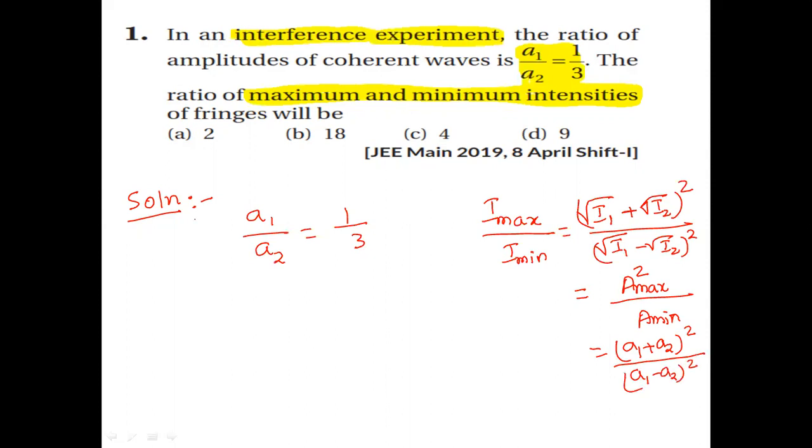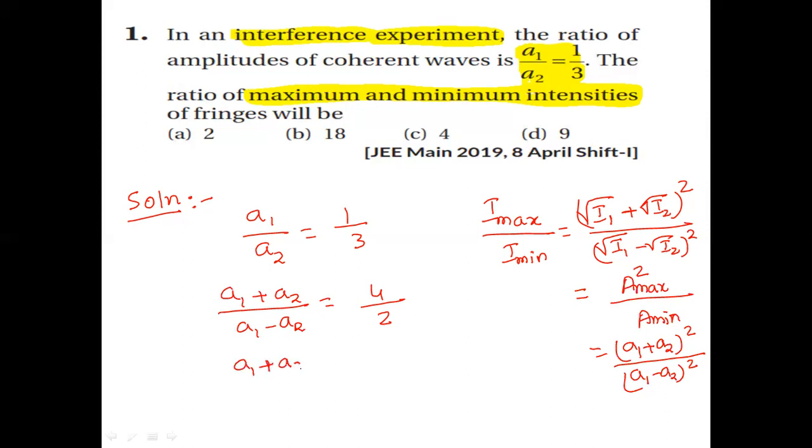So by using the componendo and dividendo method, we can get A1 plus A2 by A1 minus A2. We'll get 4 by 2, taking the modulus, since 1 minus 4 gives 2.